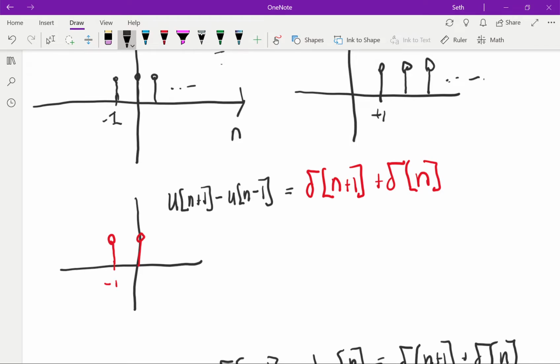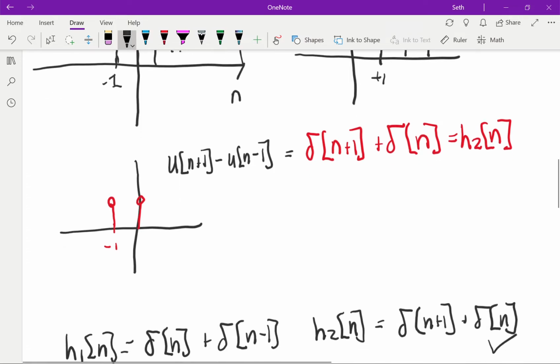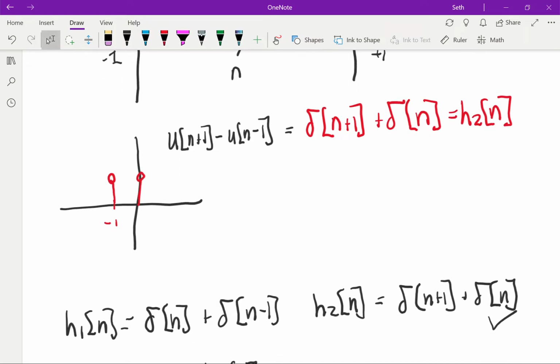Okay, now we need to find the overall impulse response. We have h2 and we have h1, both in their delta form. We've rewritten h1 and h2 right here.